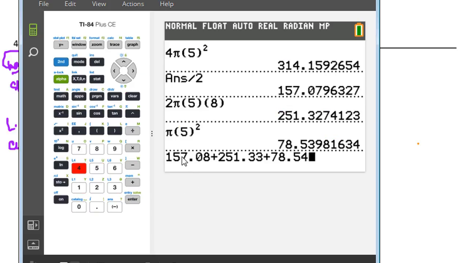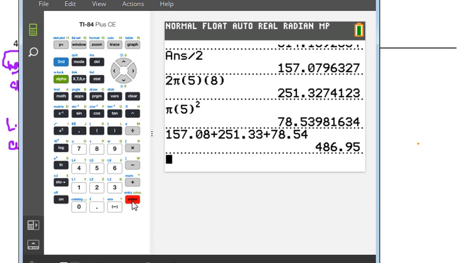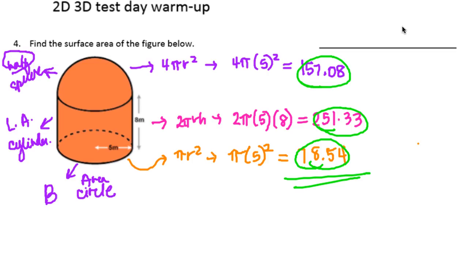So half the sphere's surface area is 157.08. The lateral area of the cylinder is 251.33, and the area of the base, the circle, is 78.54. This gives us a grand total of 486.95. And since we're looking for the surface area, our units will be in the second dimension.